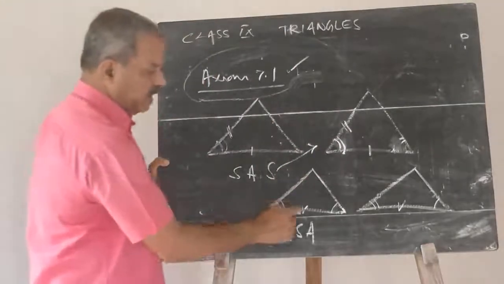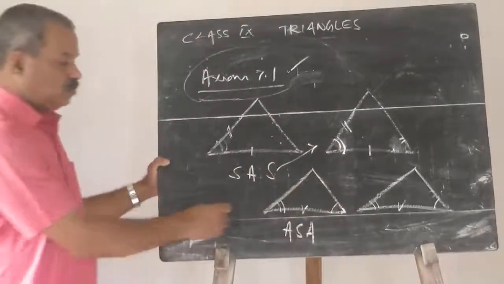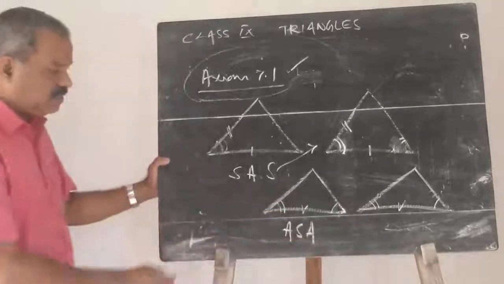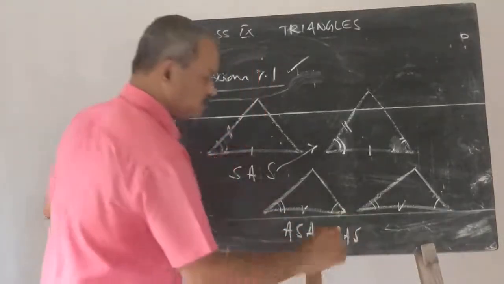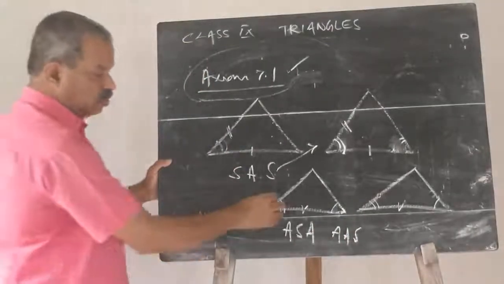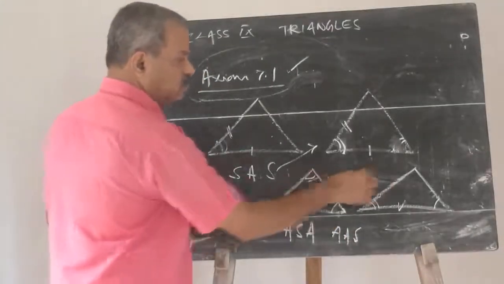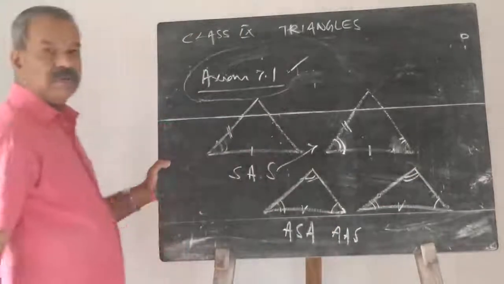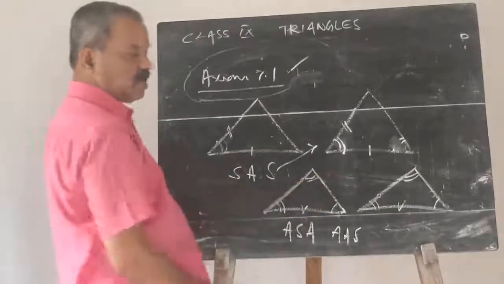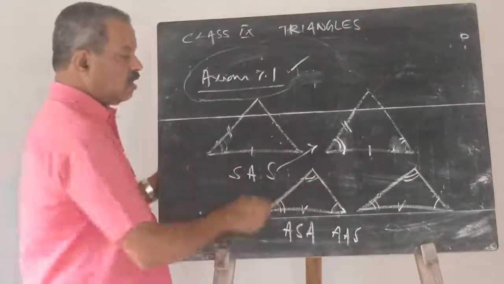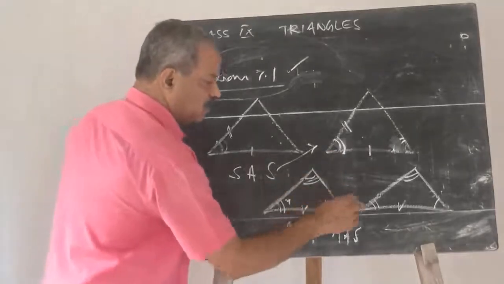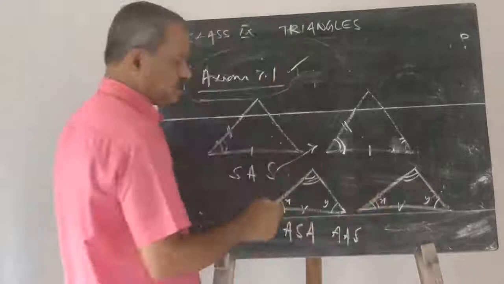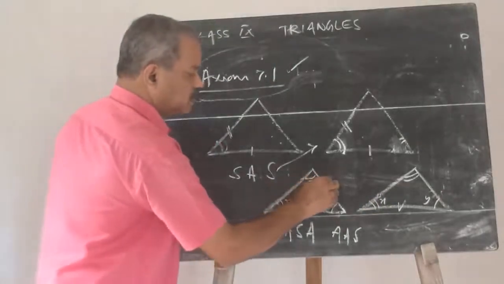So here ASA. If two angles are equal, the third angle will also be equal. If two corresponding angles of one triangle are equal to those of the other, then the third is automatically equal. Suppose this is x and this is y, then the third angle is 180 minus (x plus y).